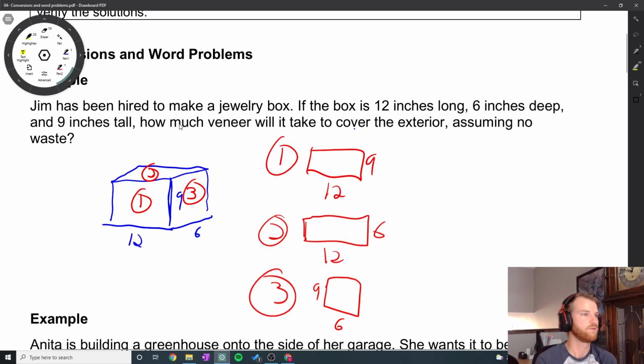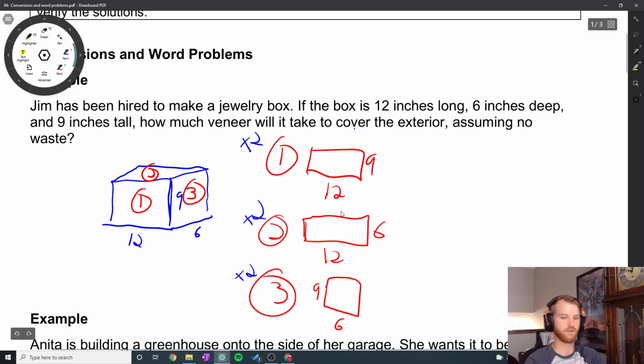So we have two of each of these shapes. One is the front and back, two is the top and the bottom, and 3 is the two sides. You can find the area of each one of these and add them all together. That'll give you the final answer.